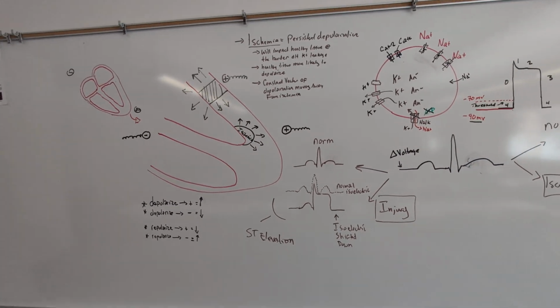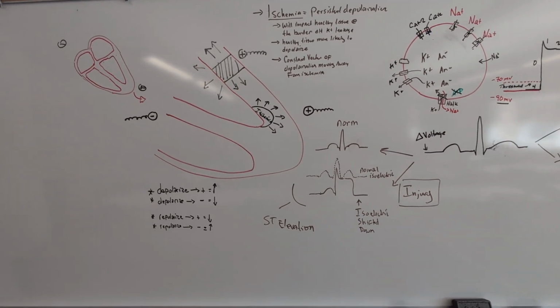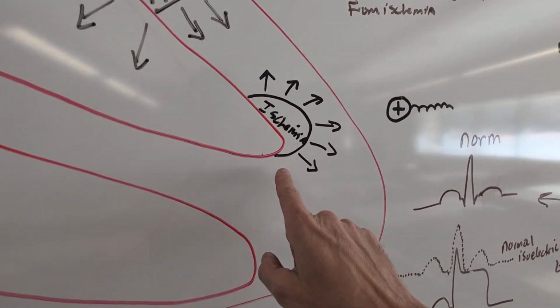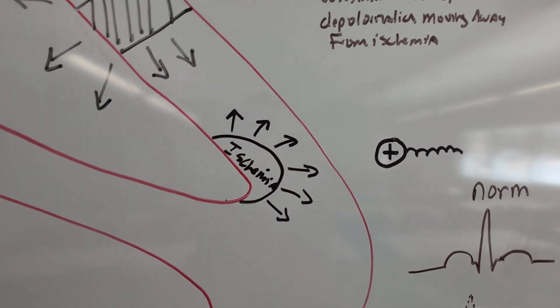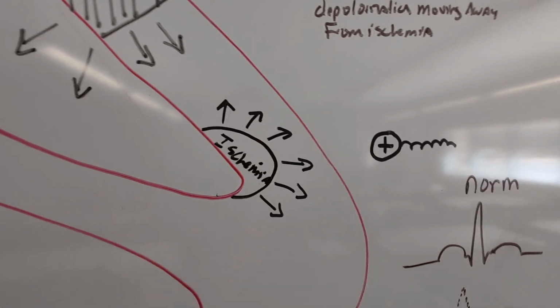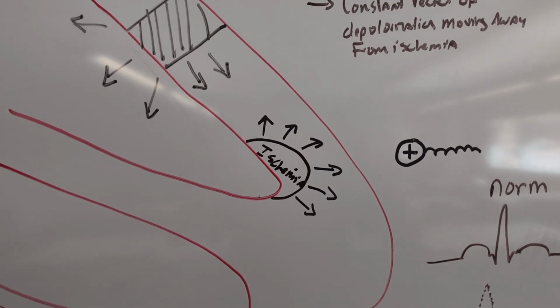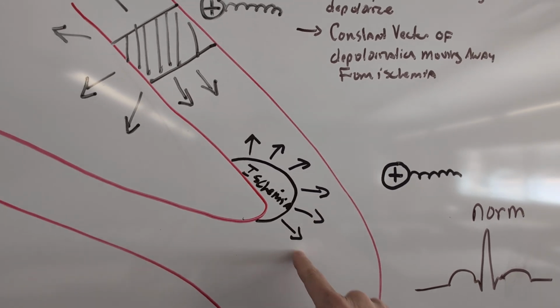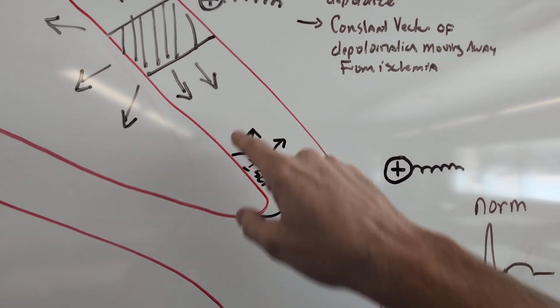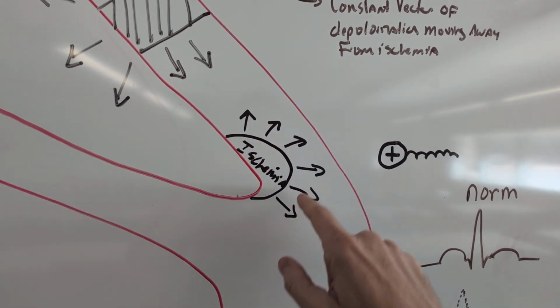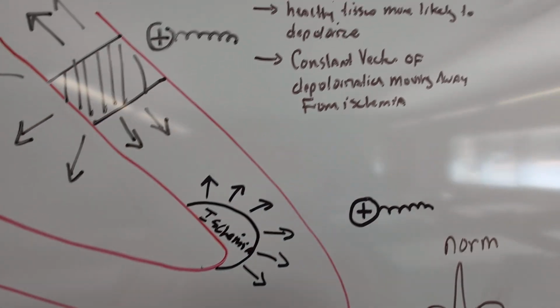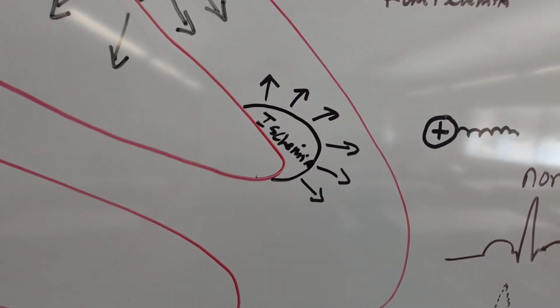And so what we're going to talk about is what happens in the setting of subendocardial ischemia, or ischemia that does not involve the entire thickness of the heart? Well, something very similar. Again, you're going to have a constant flow moving from the ischemic tissue to the bordering non-ischemic tissue, so a constant vector of depolarization.